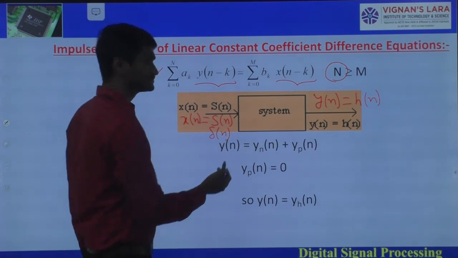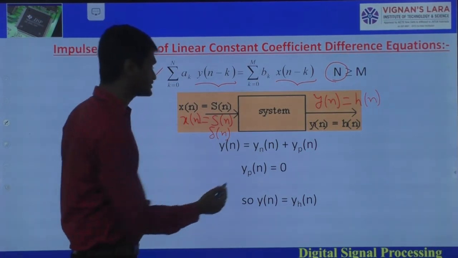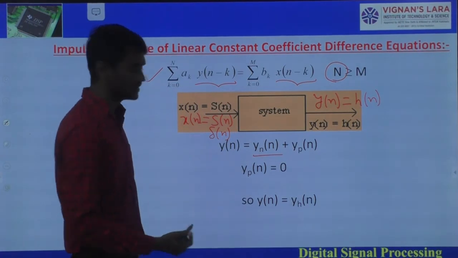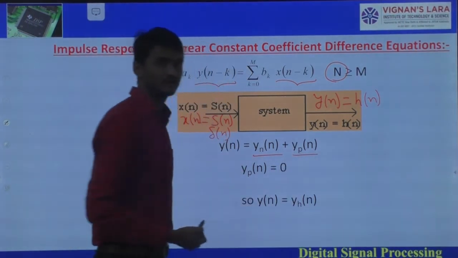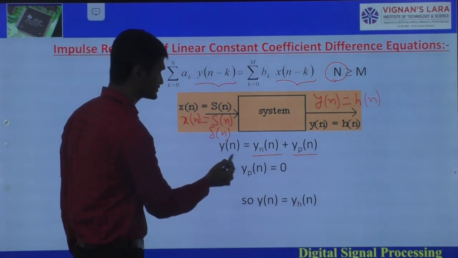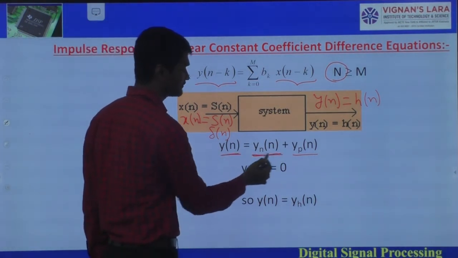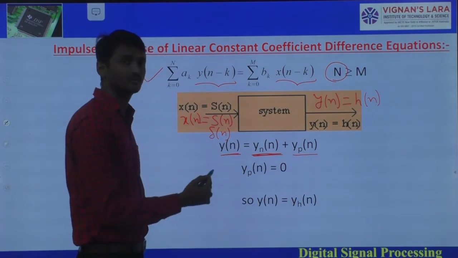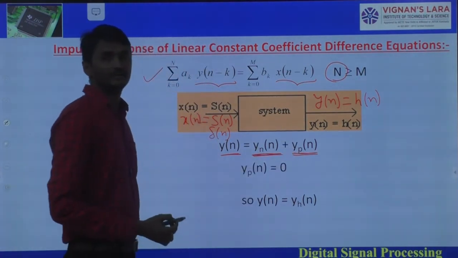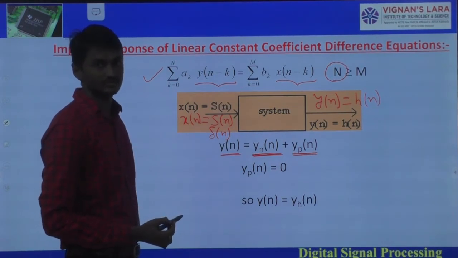We know the total solution is the combination of the natural response or homogeneous solution plus the forced response or particular solution.